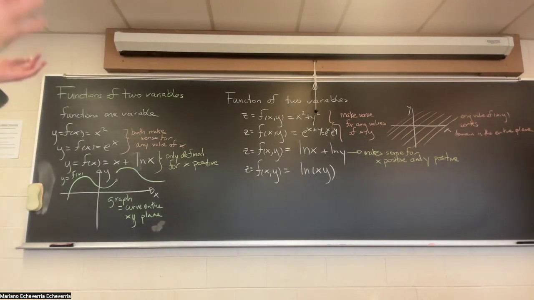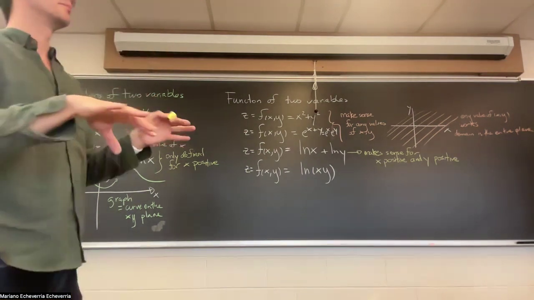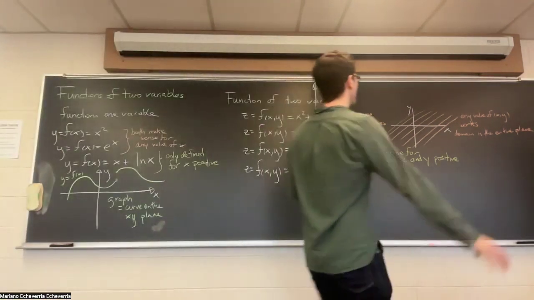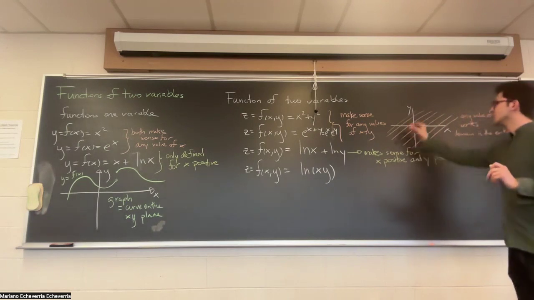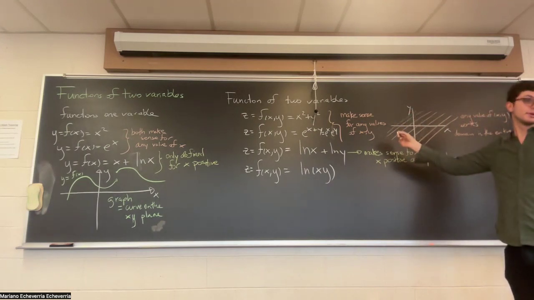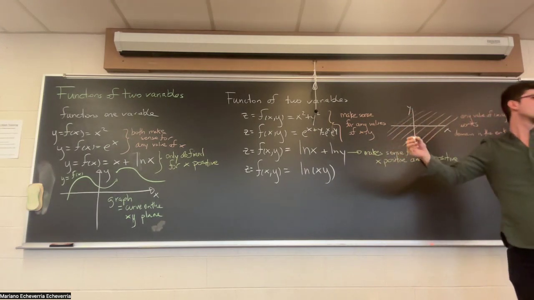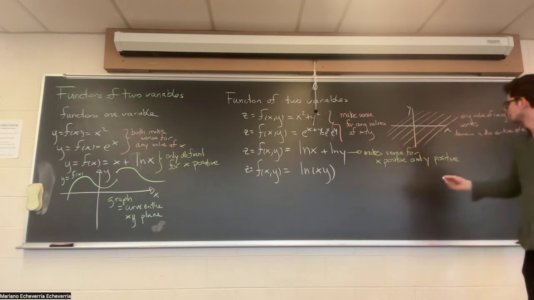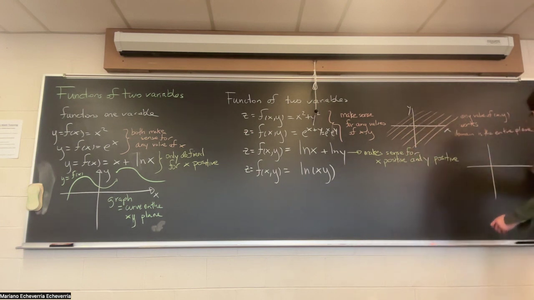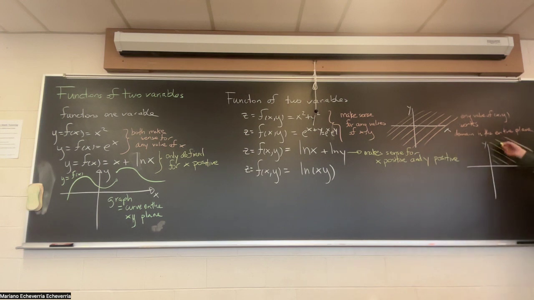So what that means is that if you wanted to represent visually what values of x and y you can choose, now you cannot color the entire XY plane, right? You essentially can only color the first quadrant, because you need x to be positive and y to be positive.